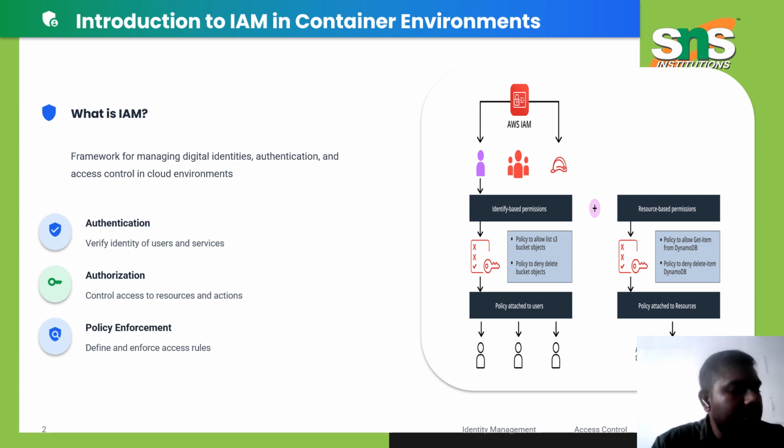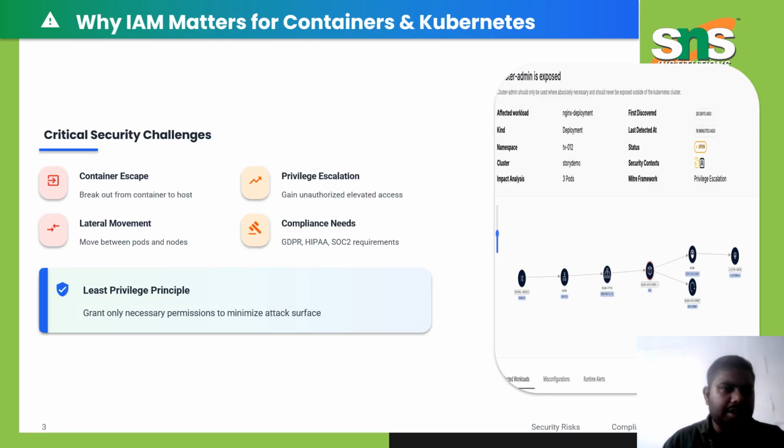A container image is a special file that becomes a container when it is run as a process of the operating system. There are multiple benefits of containers. Why IAM matters for containers and Kubernetes? They are economic and portable, easy to set up and run, and offer isolation and observability.